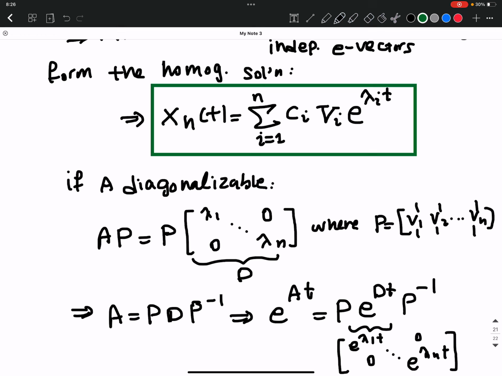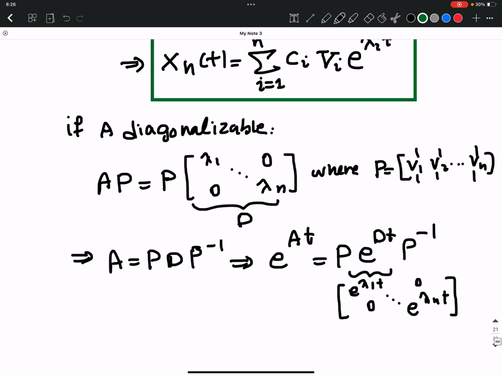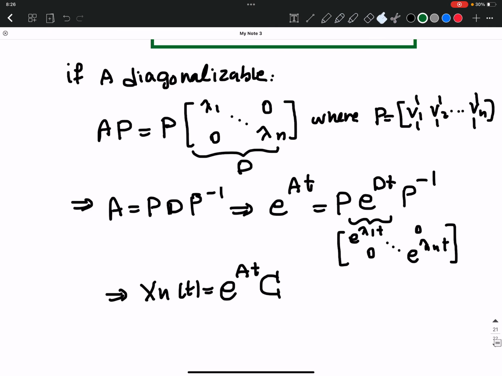Okay? So in other words, if I want to write this sum in a matrix form, my homogeneous solution would be e to the At times C. Just C is my constants of integration, which is an R^n vector.